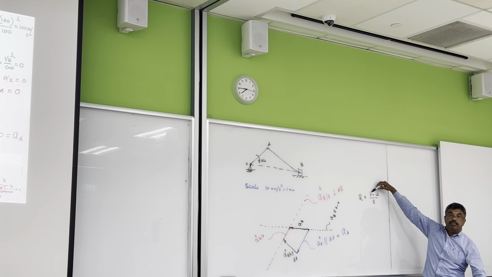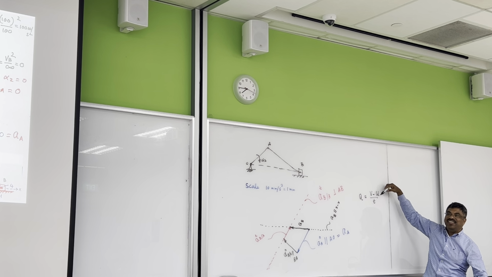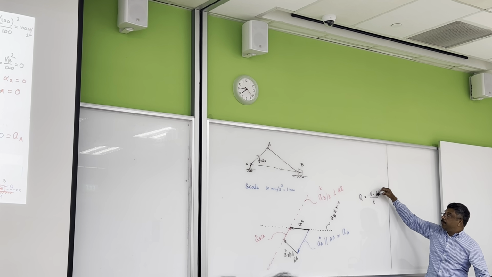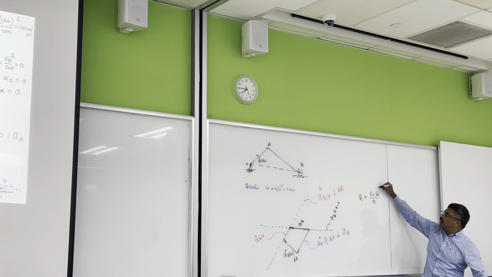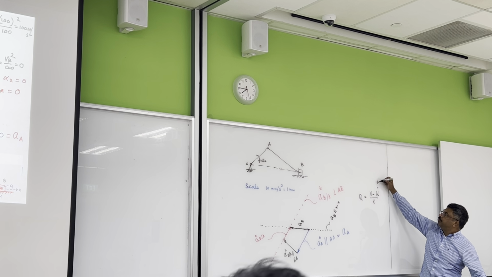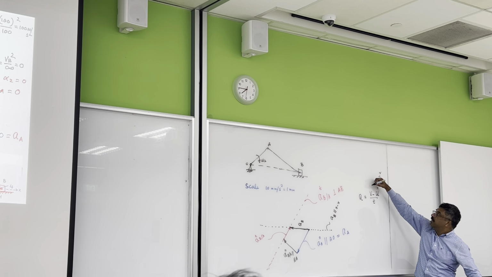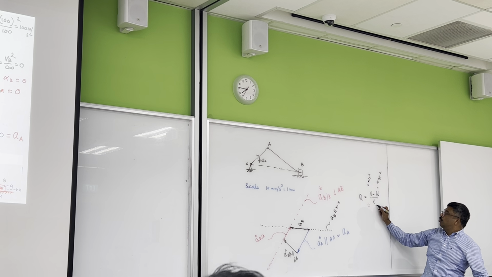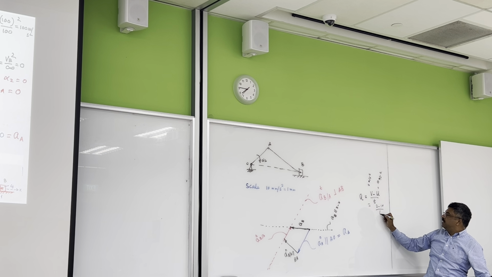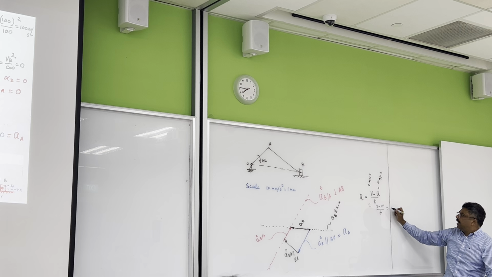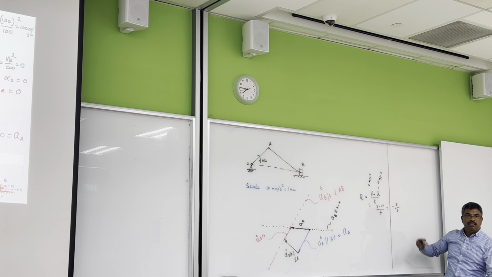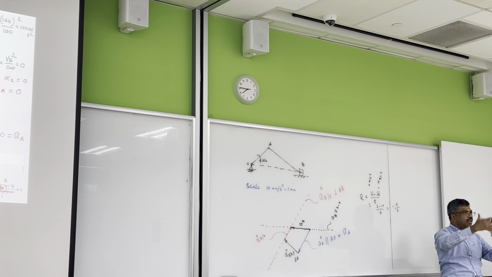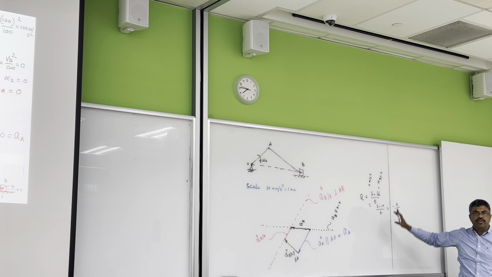So as this one is smaller than this one, it becomes negative, and it is not zero, it is negative. Say this one is 10 meters per second, and this one, close to top dead center, say 2 meters per second. So it will be 2 minus 10 divided by t, which is minus 8 by t. And if t is taken as 5 seconds or 2 seconds or 1 second or 0.5 second, you can find your acceleration.